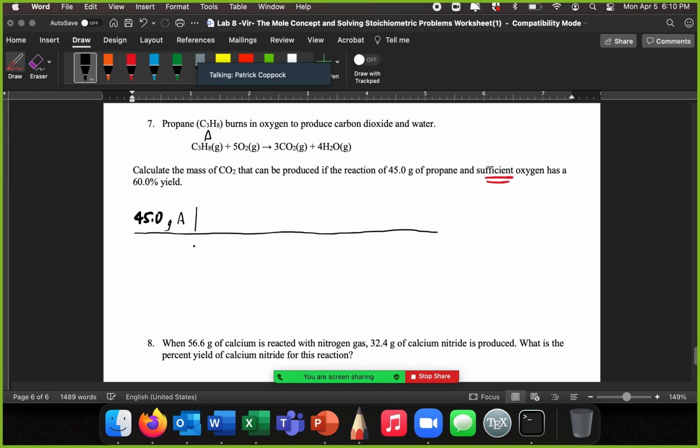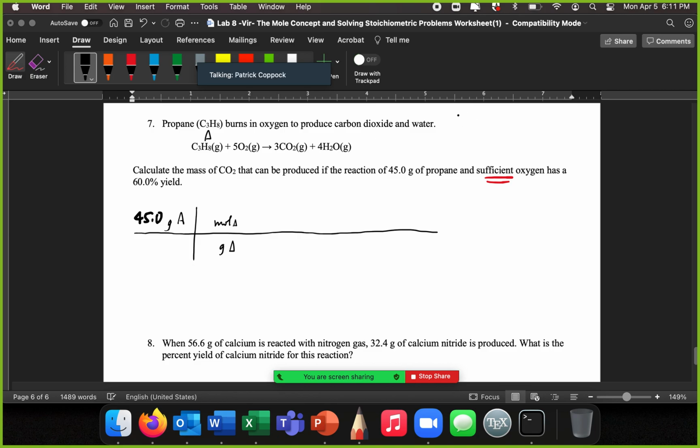So what I'm going to do is calculate my theoretical yield, and I need moles of A. I've got to use the reciprocal of the formula weight, or the molecular weight, of propane, which is C3H8.